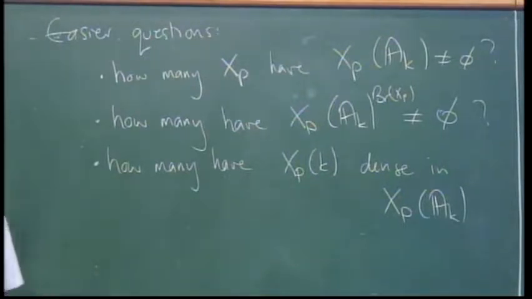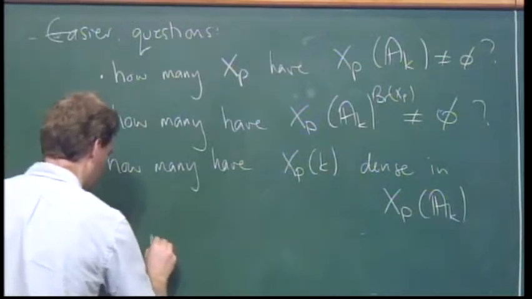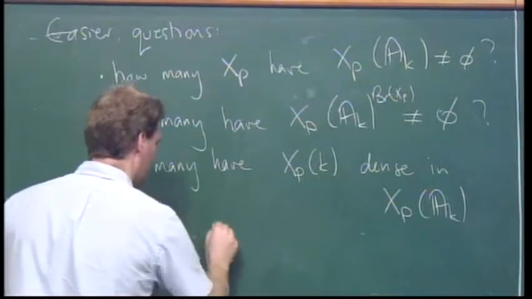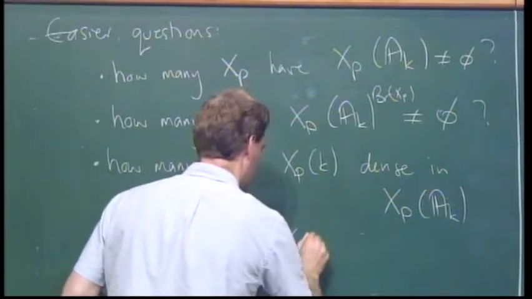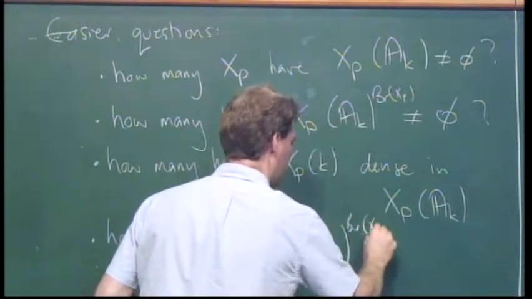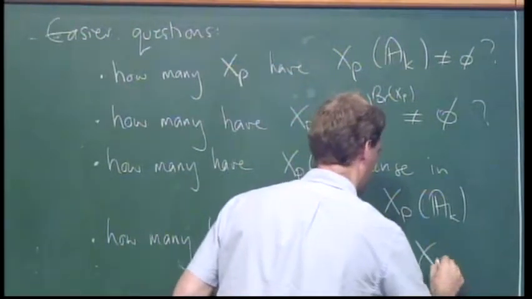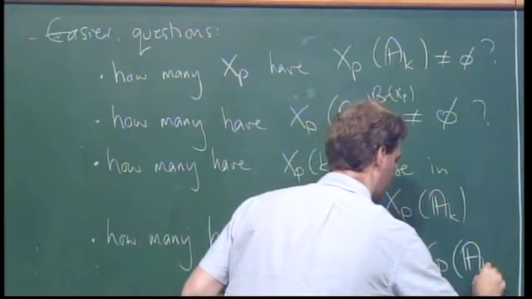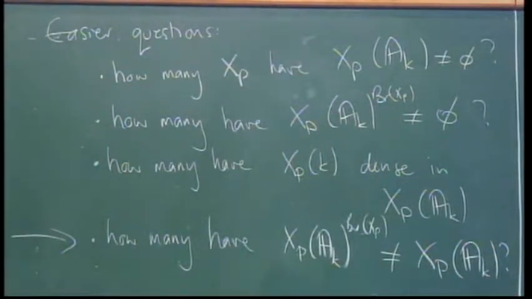Or you might ask how many of them have a Brauer-Manin obstruction to weak approximation. So that's how many have X_P(A_K)^Br(X_P) not equal to the whole of X_P(A_K). This is actually the question that we decided to address.